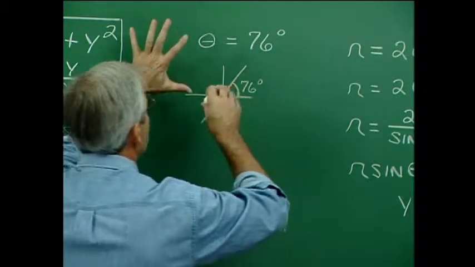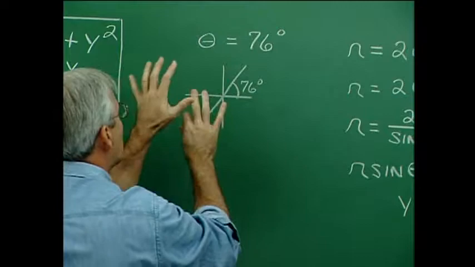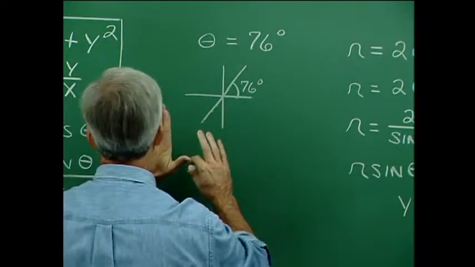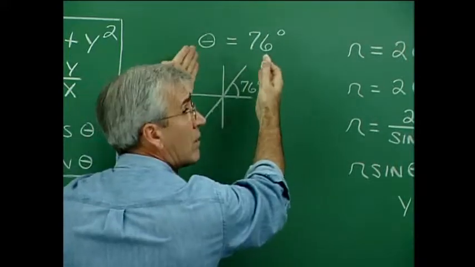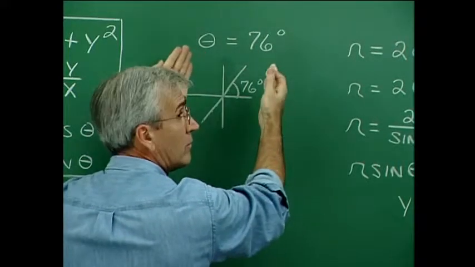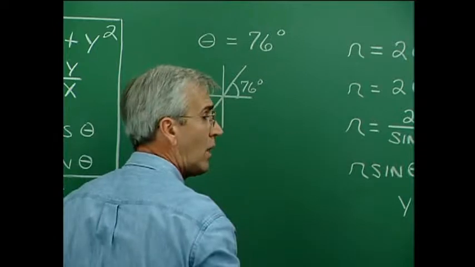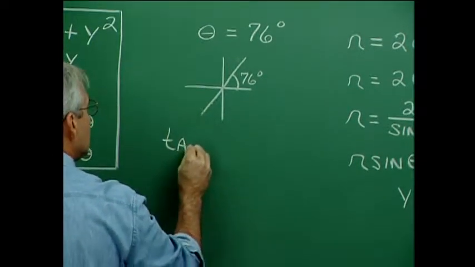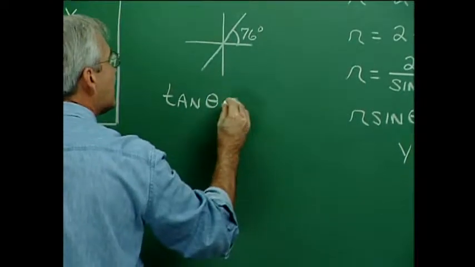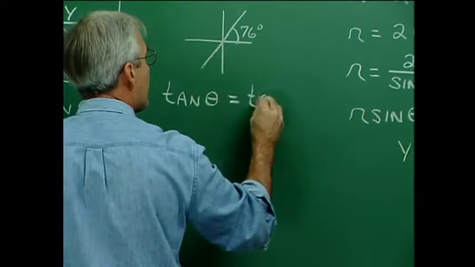Well, here we understand that our substitutions have to do with tangent theta, cosine theta, sine theta. So we want to apply one of those trig ratios to both sides of this equation. And here's what we do. Just apply tangent theta on both sides.